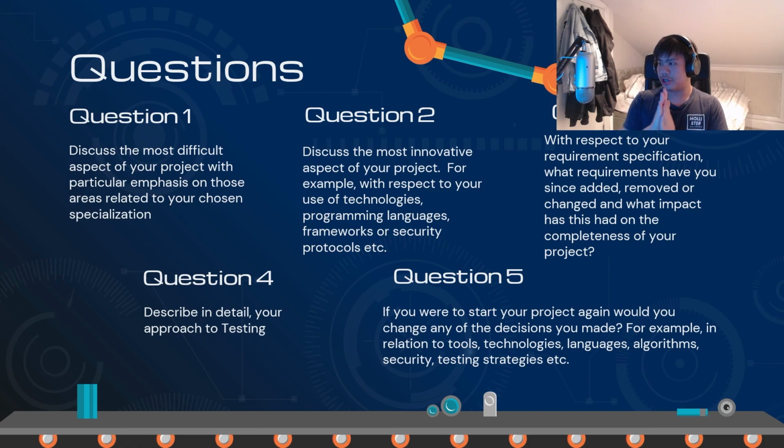Question 3. With respect to your requirement specification, what requirements have you since added, removed, or changed, and what impact had this on the completeness of your project? So, I have not removed nor added a requirement. I have the video file to be played in real time. This was basically something I added. That's not a requirement.